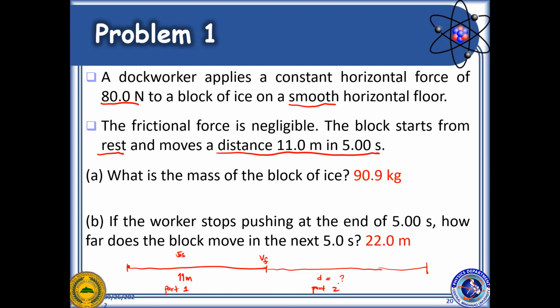Since the worker stops pushing, it is not accelerating anymore. Remember that the law of acceleration states that a net force causes acceleration. Since there is no force acting on the block of ice after 5 seconds, the final velocity in the first 5 seconds will be equal to the constant velocity in the next 5 seconds.